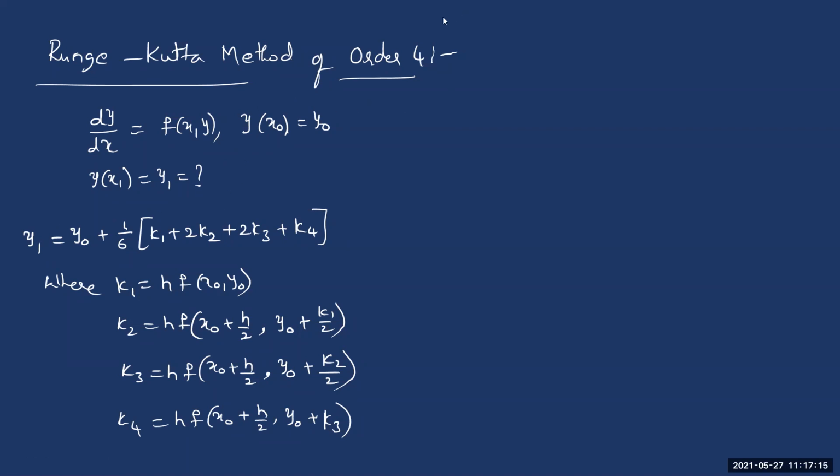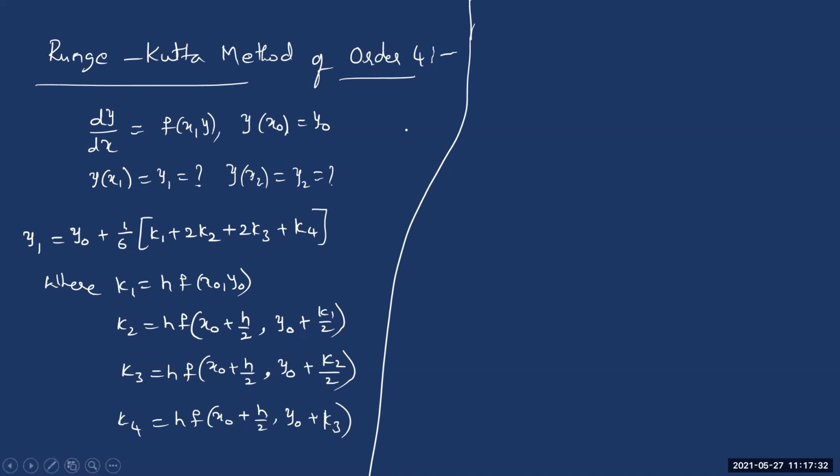Sometimes, along with y1, we have seen problems where along with x1, you may be asked to calculate y at x2 also. I mean, you may be asked to calculate y2 also. Then how to calculate y2 from this? One point we should remember: to calculate y1, we always use x0, y0, its previous values.